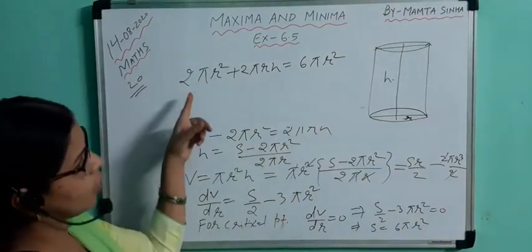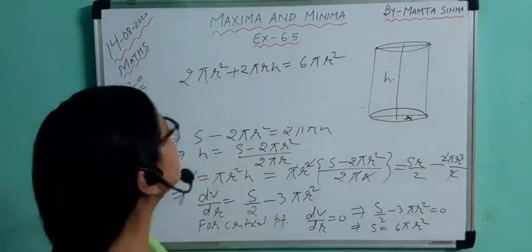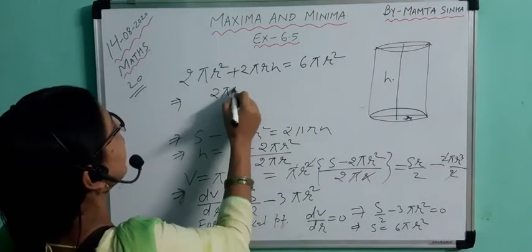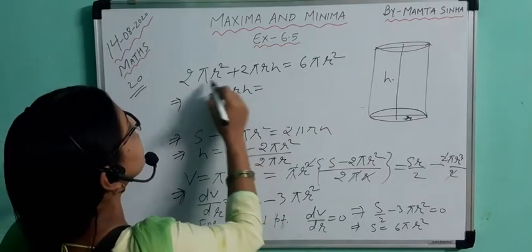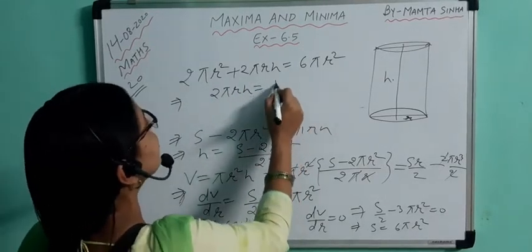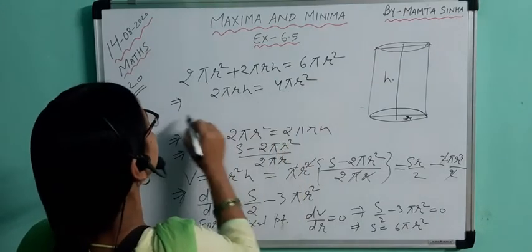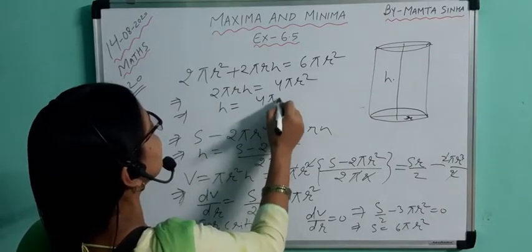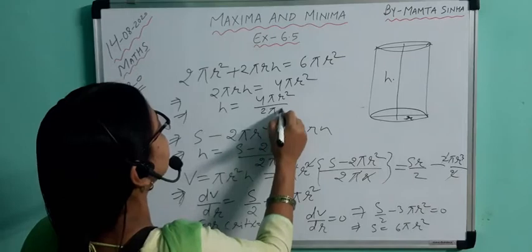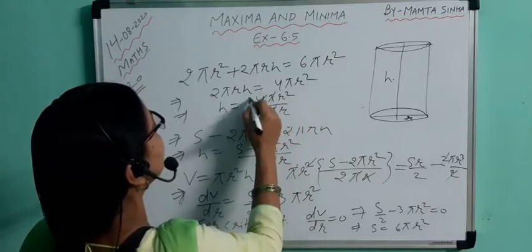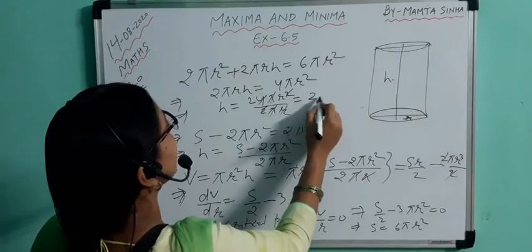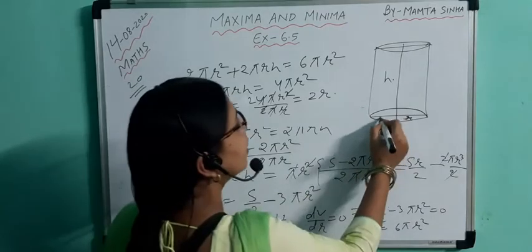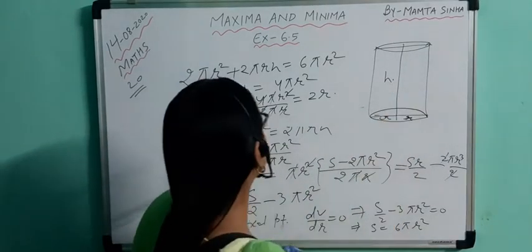After simplification we get 2 pi r h is equal to 6 pi r square minus 2 pi r square, that is 4 pi r square. So h is equal to 4 pi r square by 2 pi r. Pi cancels, 2 twos are 4, r, that is 2r. The value of h is 2r, which is the diameter of this right circular cylinder.